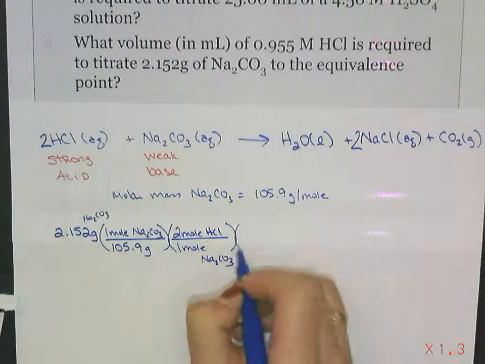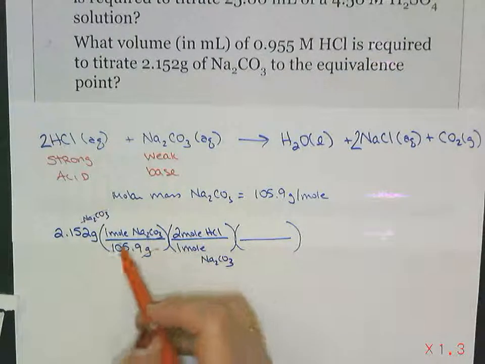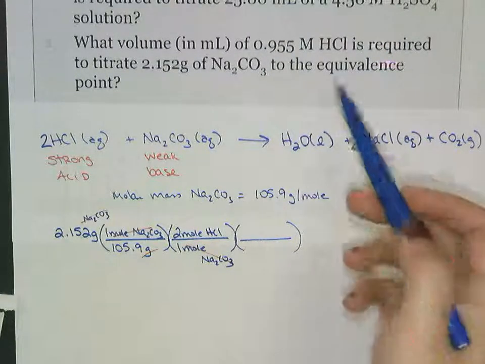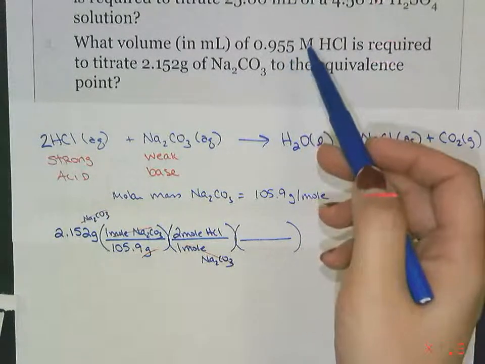All right, now what units am I in? Moles of what? HCl. If I want to get to milliliters of HCl, what do I need to use next? The molarity. So do I put the 0.995 on the top or on the bottom of my equation?